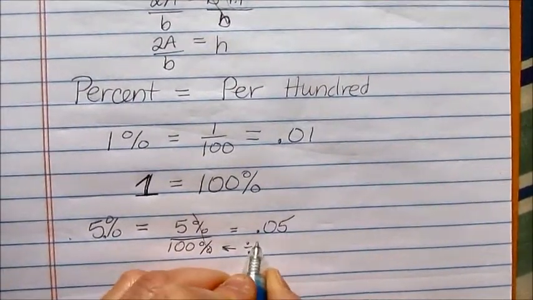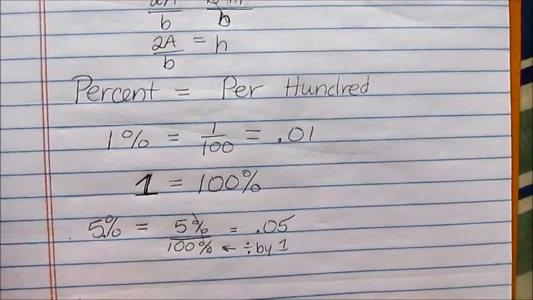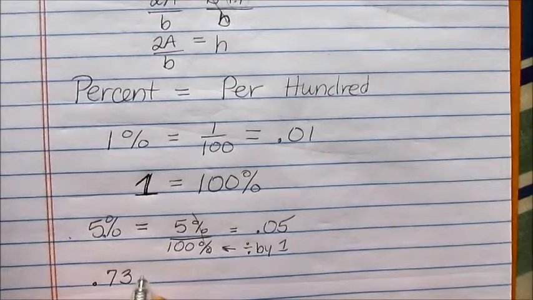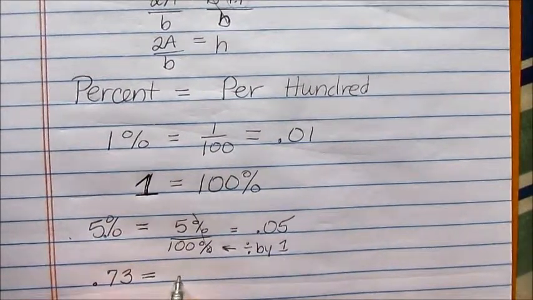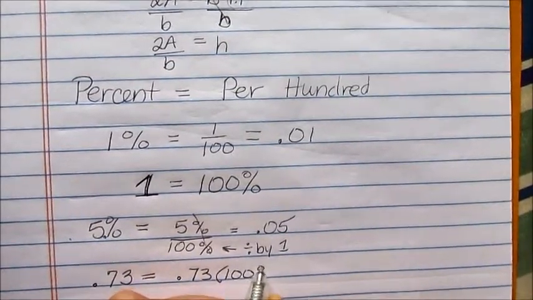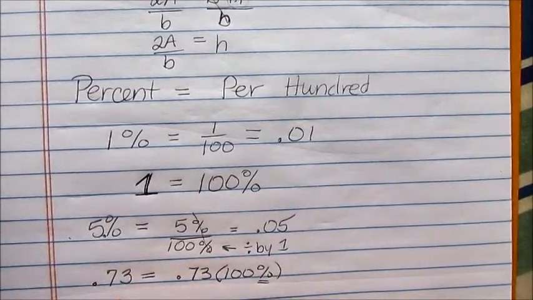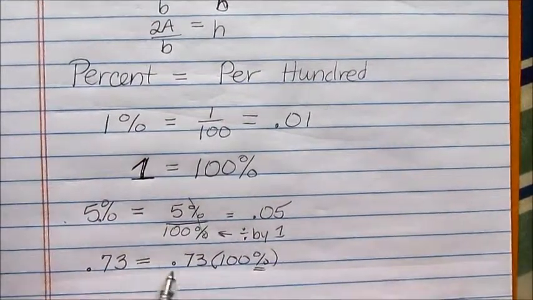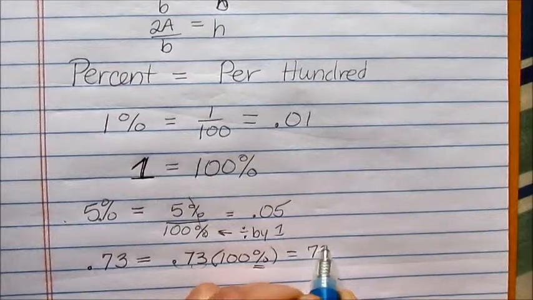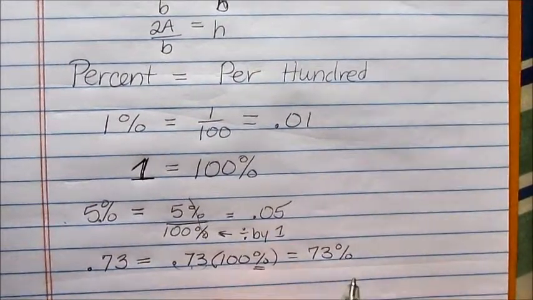To convert a decimal to a percent, we multiply by 100%. This introduces the percent sign, and that's how the decimal gets moved over 2 to the right. Just wanted to point that out for you.